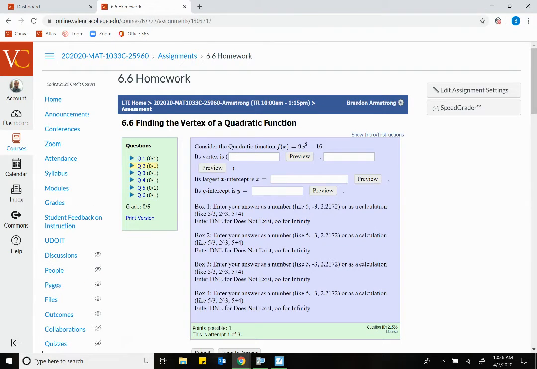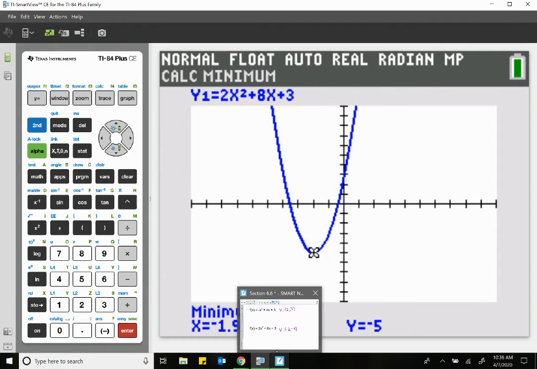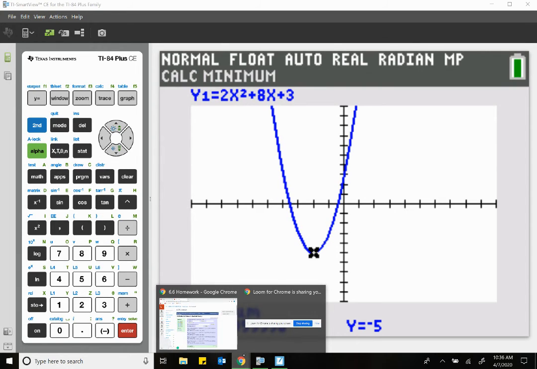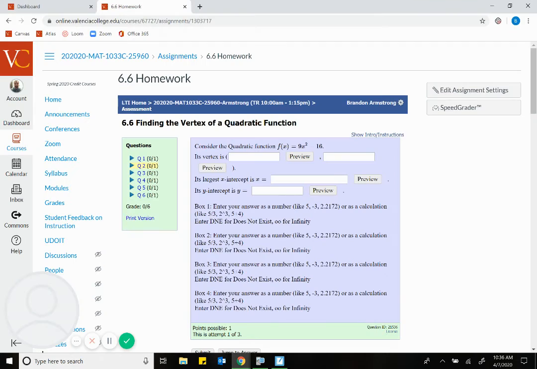Some other things that you're going to see in 6.6. When you get to the second question, notice it's going to ask about some x-intercepts and y-intercepts. I want to review how to find x-intercepts and y-intercepts using your calculator, because you can. So in your calculator, our equation was 9x squared minus 16.